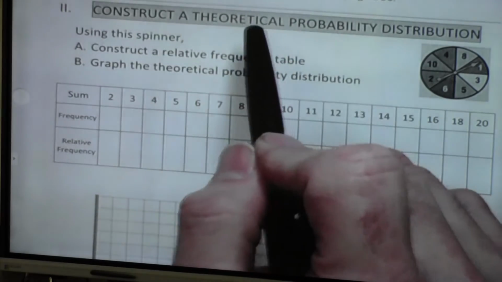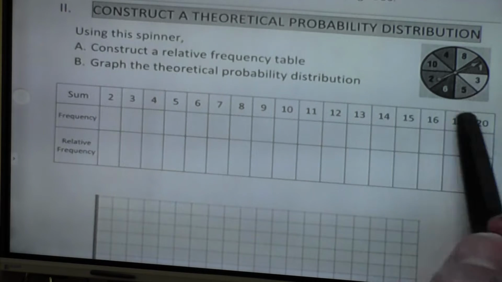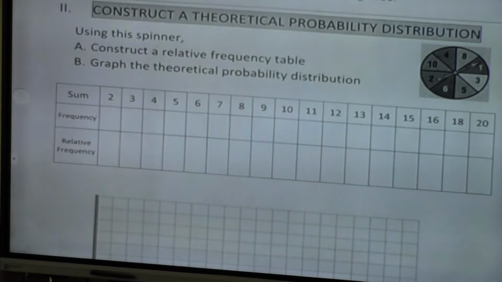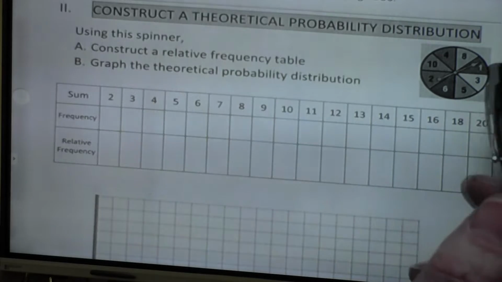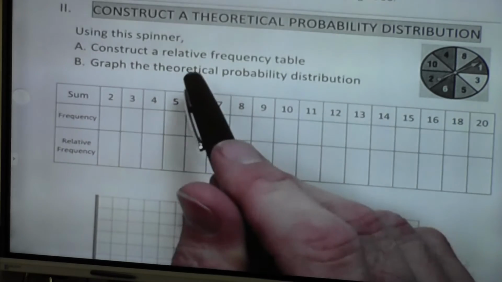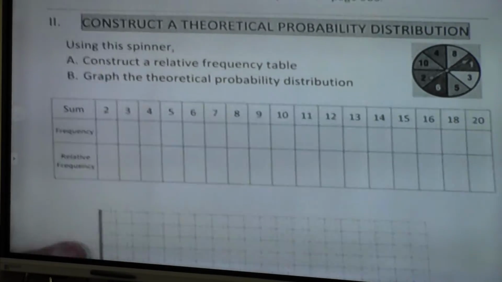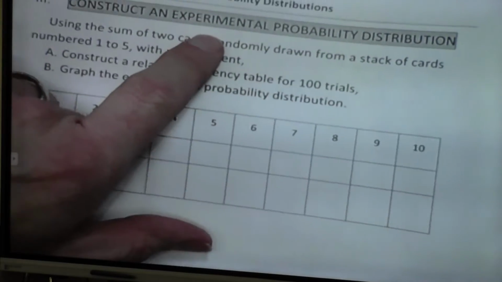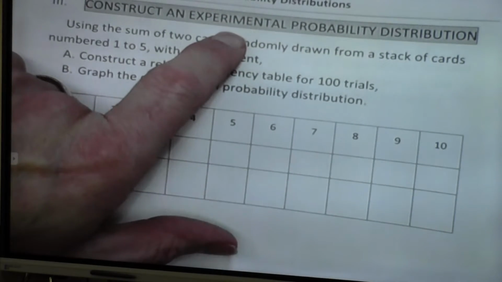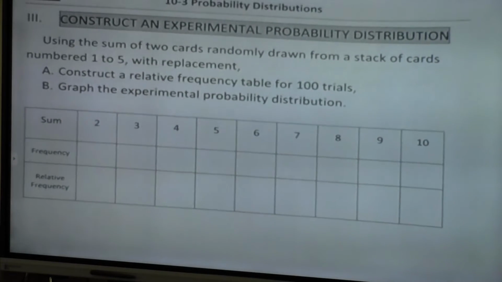So what this means is theoretically, if you do this using this spinner, and I'll explain the whole problem, we're going to figure out theoretically what should happen if you spun this lots of times, what would be the result. You'll notice on the next page, it's constructing an experimental probability distribution, meaning as opposed to what theory says it should be, what actually happens if you do it a bunch of times.